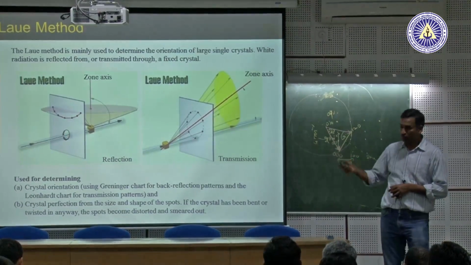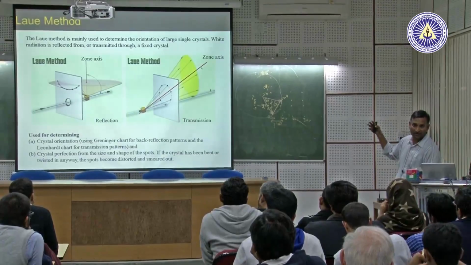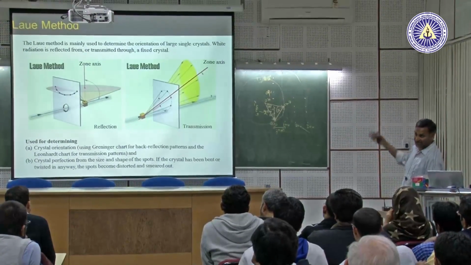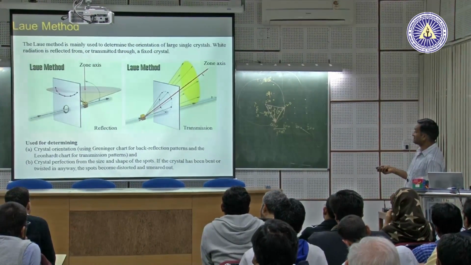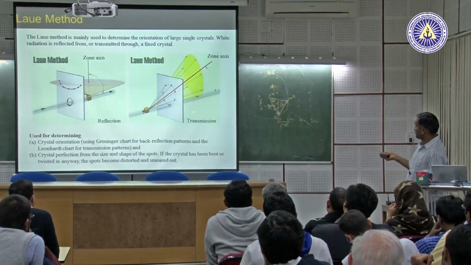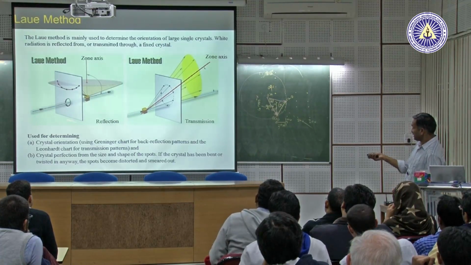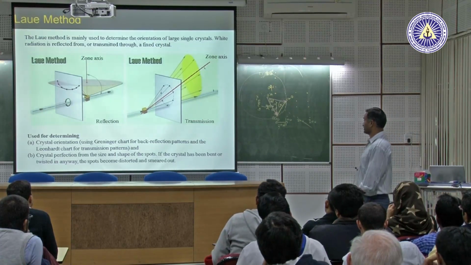The same thing you do for the backward geometry, where 2 theta is more than 90 degrees, or theta is more than 45 degrees. This is the transmission method of Laue geometry, and this is the reflection method for Laue geometry.